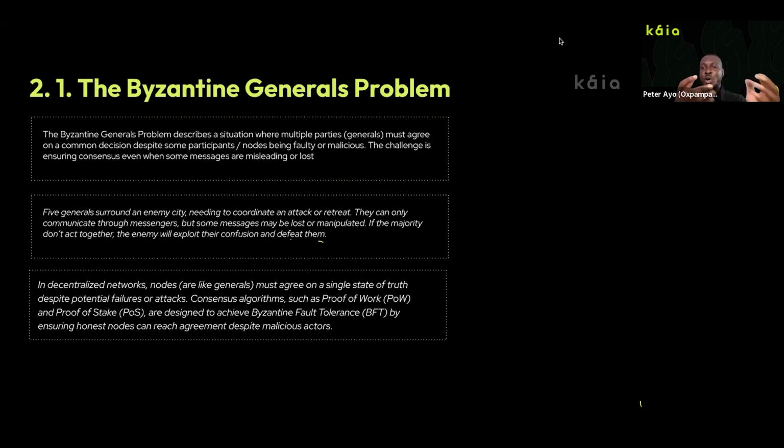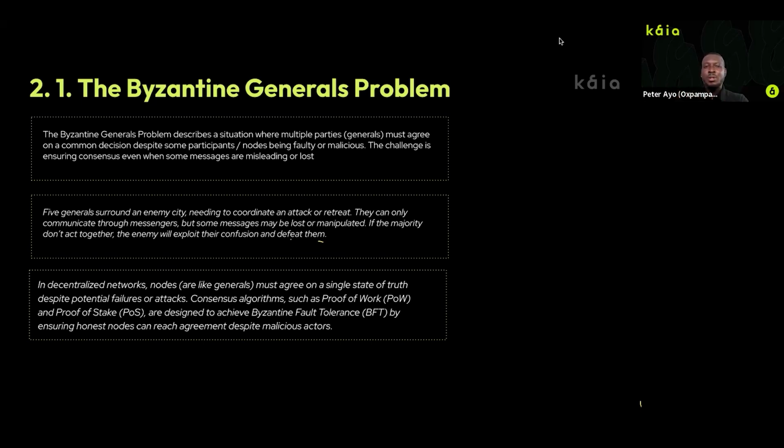Probably when the honest generals are trying to communicate with other honest generals, there might be interception, which might hinder them from attacking at the same time, right? So here comes the challenge: how do the honest generals who want to attack the city at the same time actually attack it, even in the presence of malicious generals?